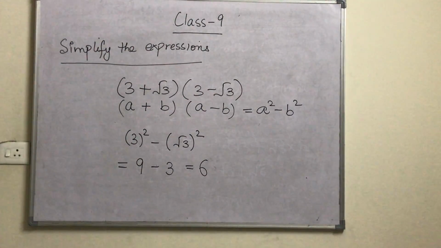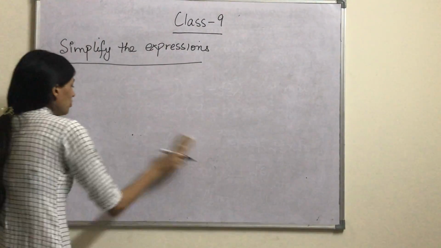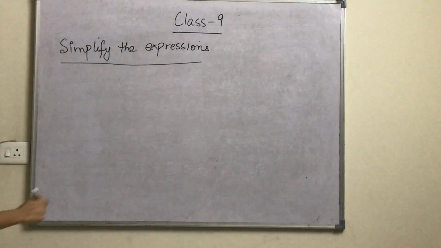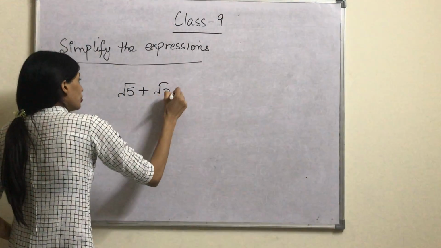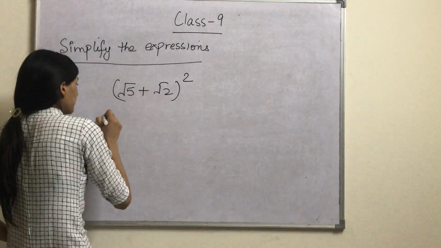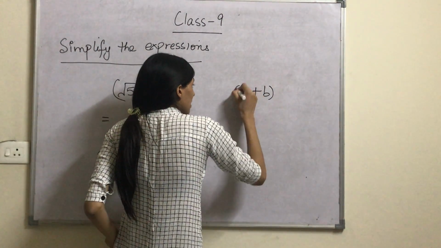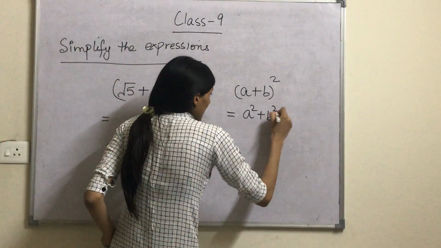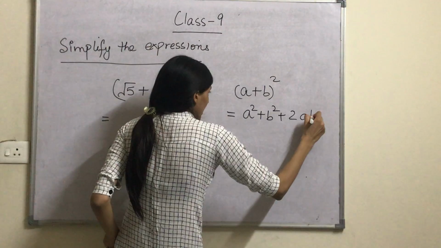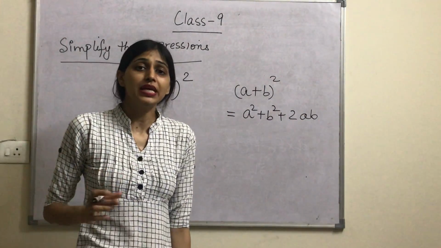Similarly, we can do one more. (Root 5 plus root 2) whole square. This is A plus B whole square. What does it become? A square plus B square plus 2AB. This is the formula of A plus B whole square.